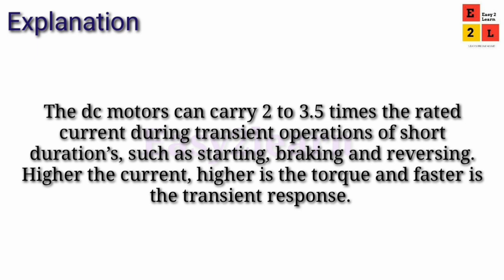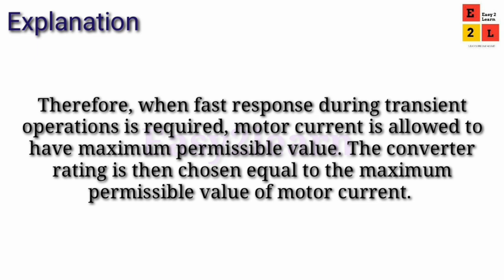The DC motors can carry 2 to 3.5 times the rated current during transient operations of short durations, such as starting, braking and reversing. Higher the current, higher is the torque and faster is the transient response. Therefore, when fast response during transient operations is required, motor current is allowed to have maximum permissible value. The converter rating is then chosen equal to the maximum permissible value of motor current.